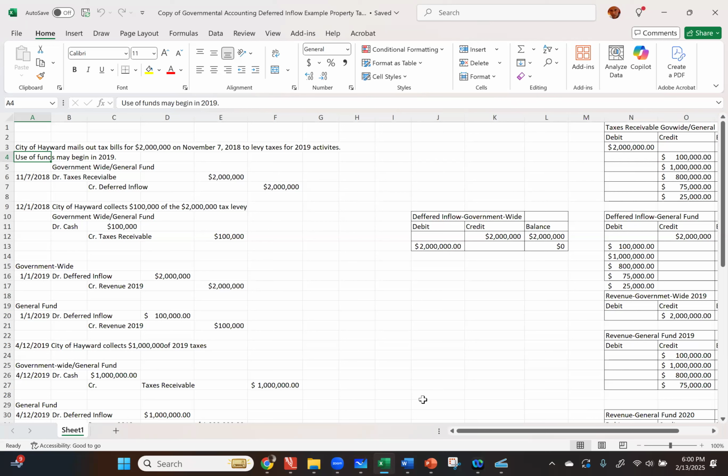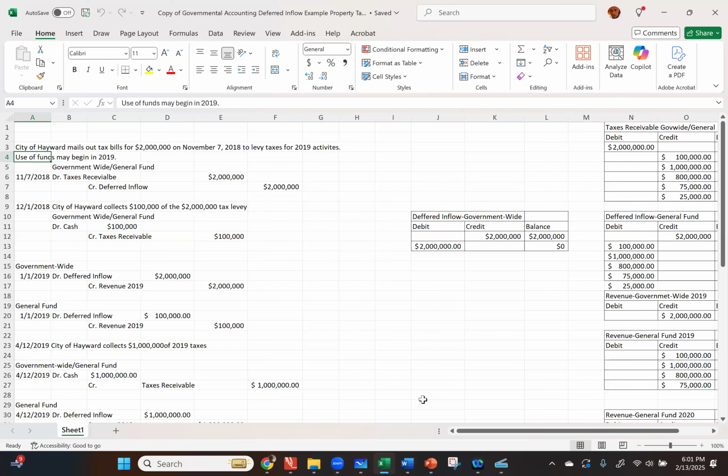So you can see here, and forgive me, I use City of Hayward, my hometown, right? City of Hayward mails out tax bills for $2 million on November 7th, 2018 to levy taxes for 2019 activities. Now they tell us that use of funds may begin in 2019.